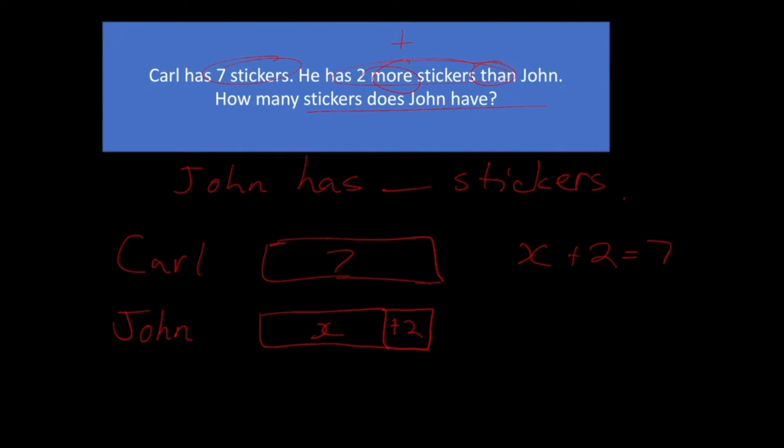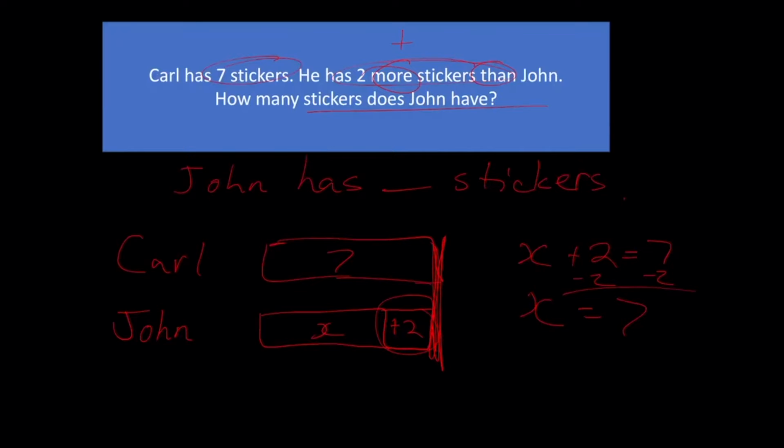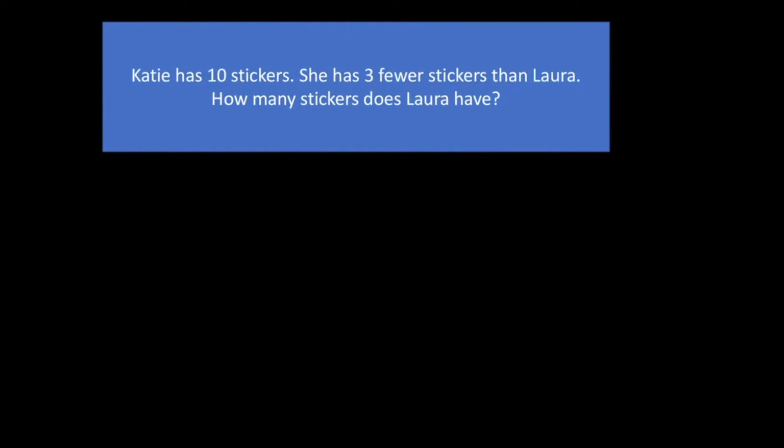So if John had 2 more, they would be the same size. Now I can go minus 2 here, minus 2 here, and this would be x is equal to 5. I want you to try to draw this out exactly how I did, remembering that I use those words exactly. So doing is going to make you remember.